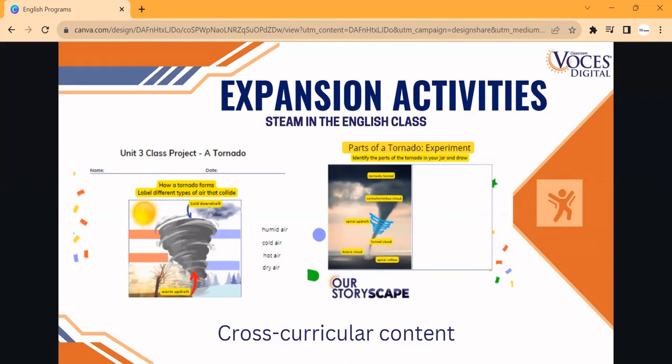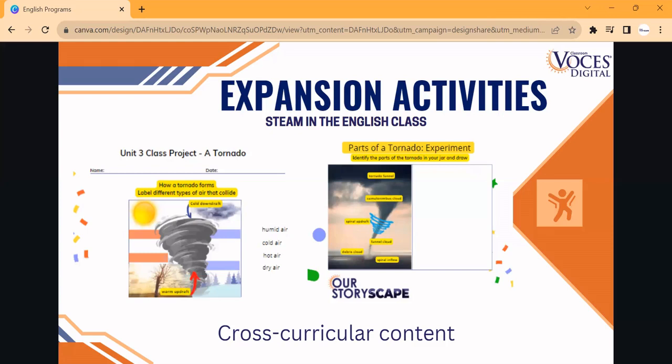This is an example of a STEAM project where students will talk about a tornado because it is related to different types of natural disasters. Then they will carry out an experiment using the knowledge that they have, and this is another way to support their curiosity-based learning, but also to integrate storytelling and topic in the story and expand it in different ways.